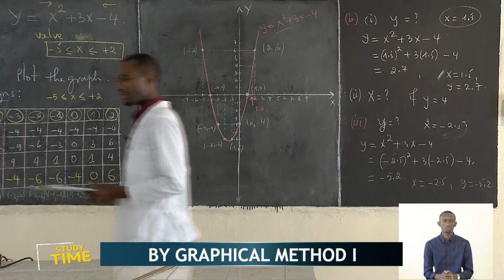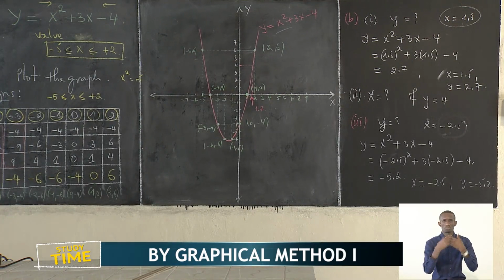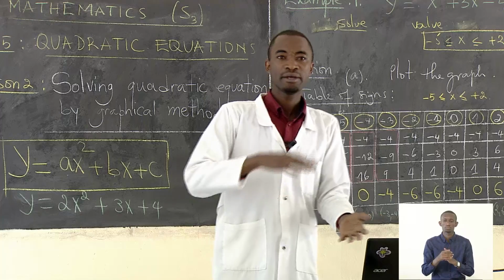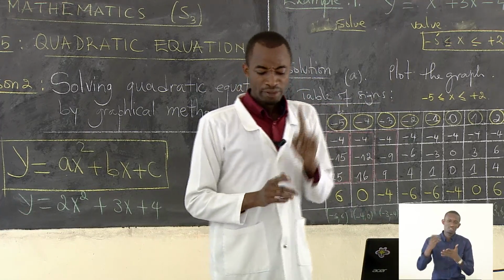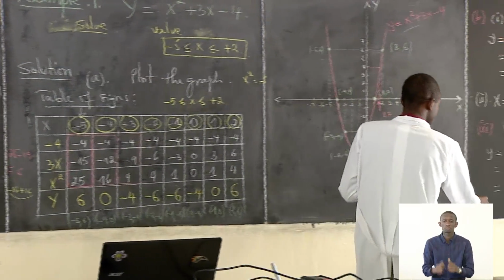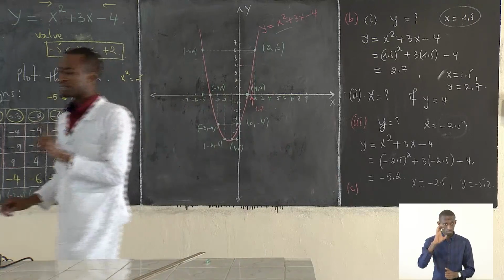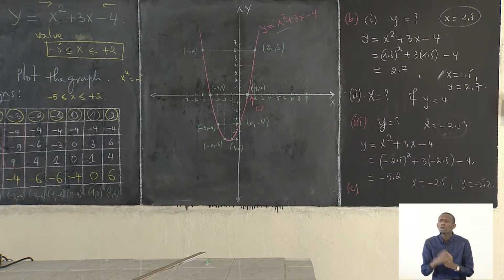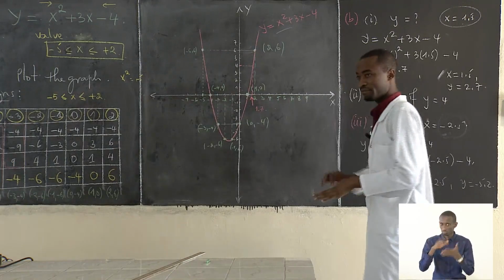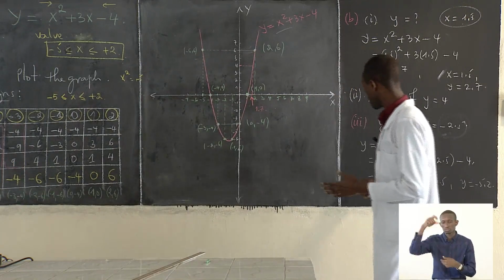Students, I think you've seen how to draw and solve your quadratic equation by using graphical methods. You've seen how we've found the value of x and the value of y. Now, the last point that we're supposed to do was point number C. Point number C was to use the graph to solve the quadratic equation.